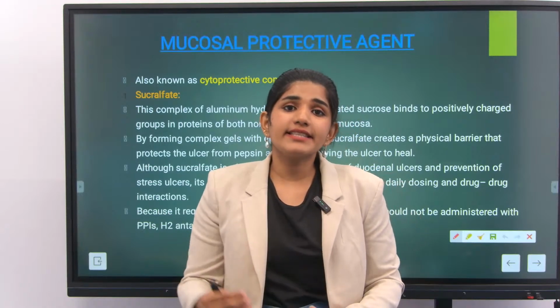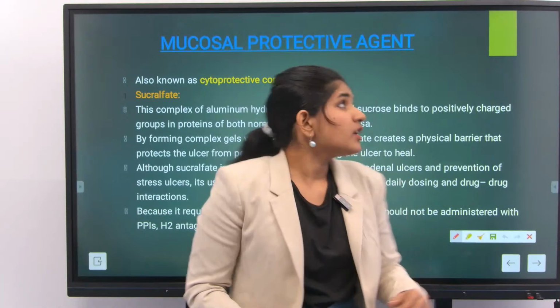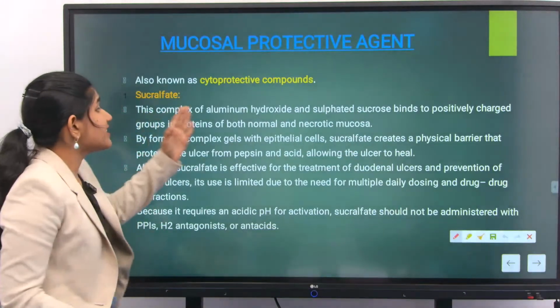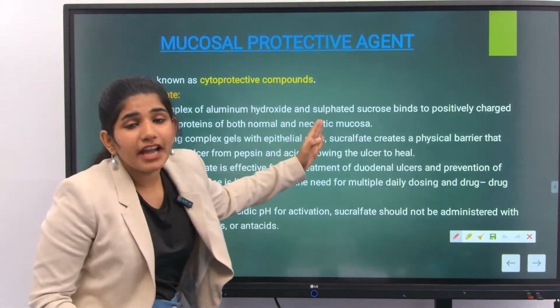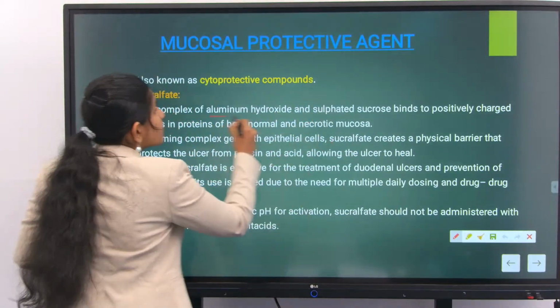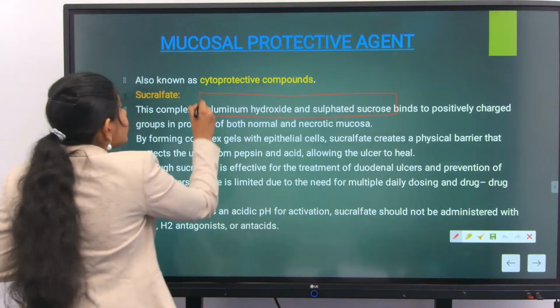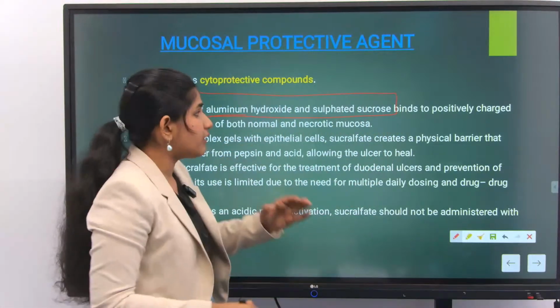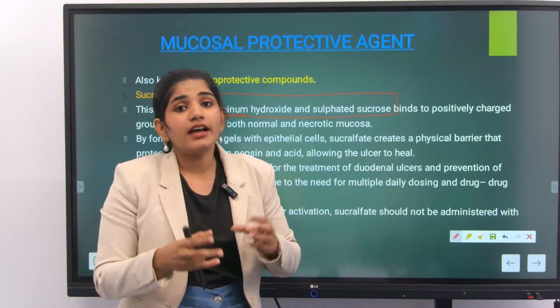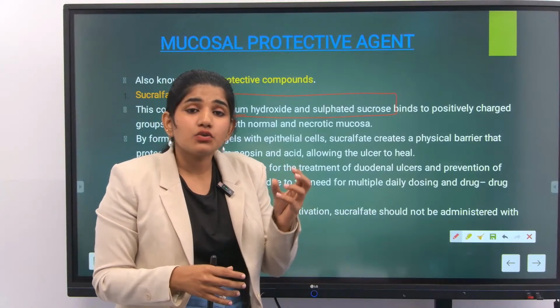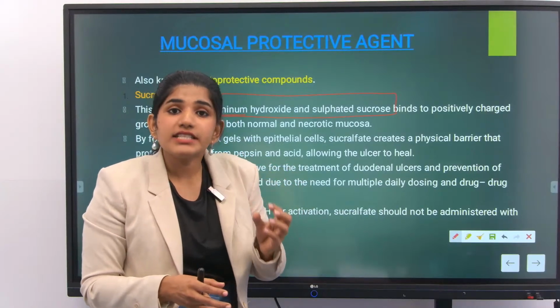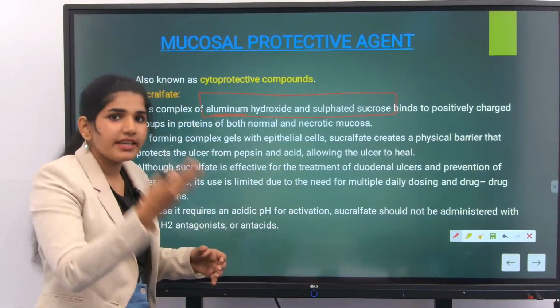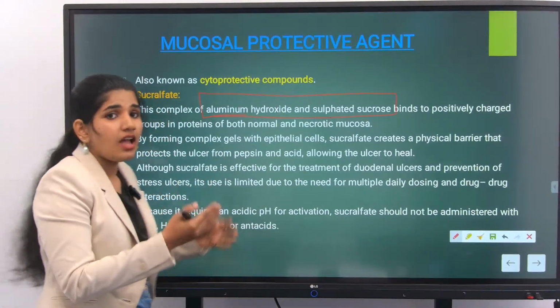One common example of this is sucralfate. What is sucralfate? Sucralfate is a complex of aluminium hydroxide and sulfated sucrose. It acts on the positive charge of the mucosa, whether it is necrotic mucosa or normal mucosa, it doesn't matter.